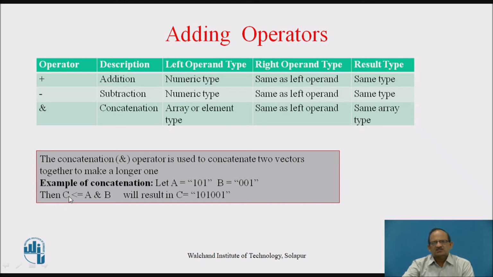We execute this statement, assign A concatenate B to C, then these will be combined together to form a 6-bit vector, that is 1 0 1 0 0 1, and it will be assigned to C. So therefore after execution of this particular statement, the result in C will be 1 0 1 0 0 1.